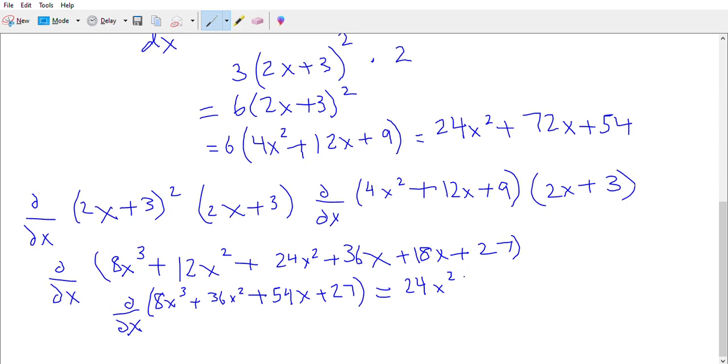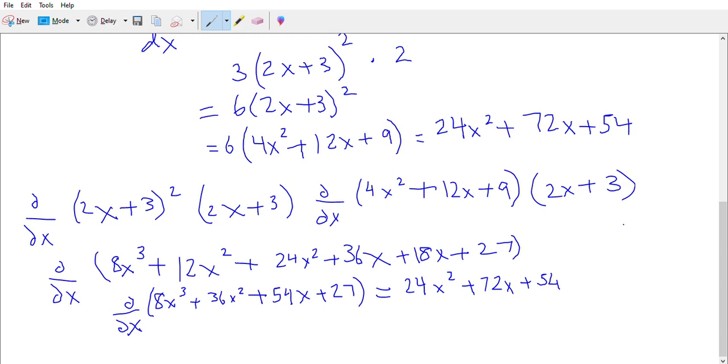And now the derivative of 36x squared is basically 36 times 2, so that's 72. And then x squared minus 1, so x to the 2 minus 1, which is just x to the 1, so it's 72x. Then the derivative of 54x is just 54. And the derivative of 27 is 0, because the derivative of any constant is 0. So there we go. Got the same answer without using the chain rule.